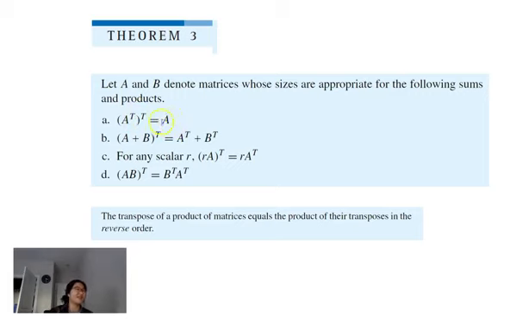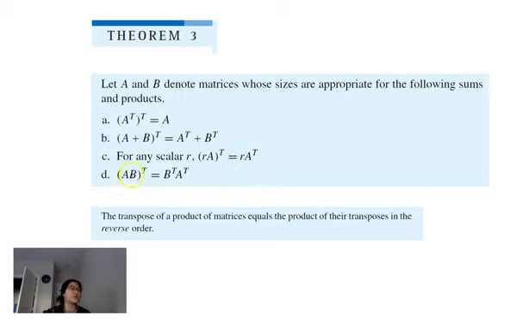If you transpose the sum of A and B, you can distribute the transpose, because A and B are the right sizes to add. Your scalar isn't affected by the transpose, because it multiplies every entry inside your matrix, so you can just factor it out.